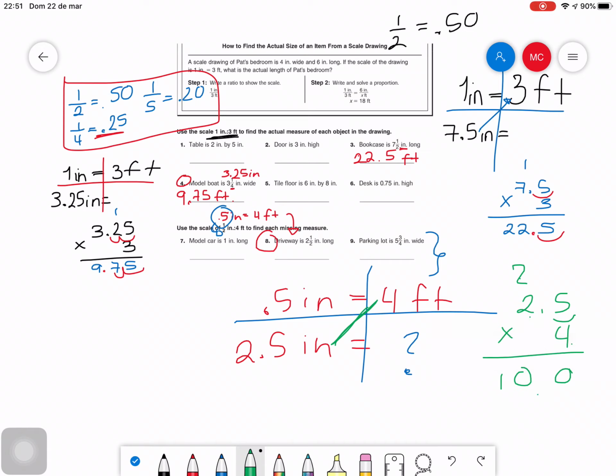So, sorry, it is 10.0, which is the same as 10. So, this number that you multiply, the multiplication is gonna go inside of the house, and you're gonna divide that by this. Acuérdate, regla de 3. Este por este, o sea, en diagonal, entre el otro que estaba acá.